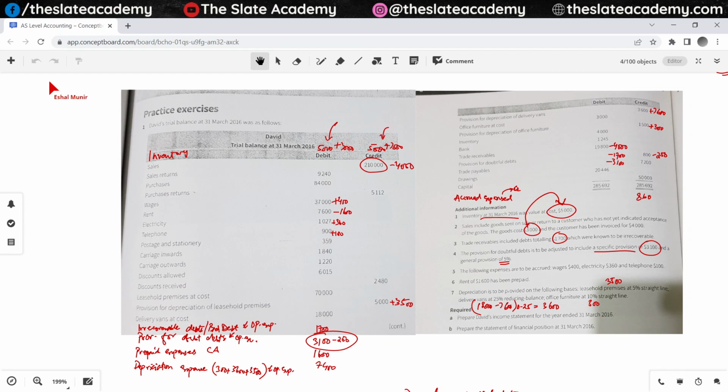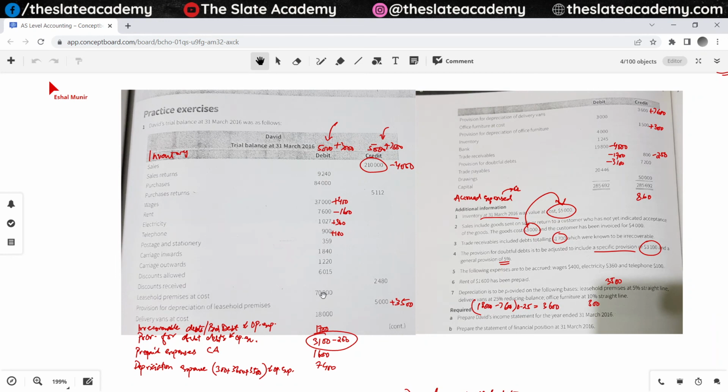As for the provision of depreciation for each item, the land, the delivery vans, and the office furniture, the way it would be presented is that, as of now, to make things easy, later I'll give you a more sophisticated pattern for it.